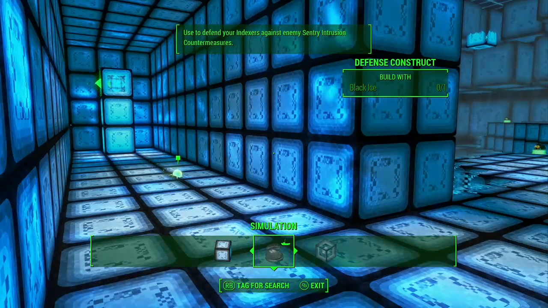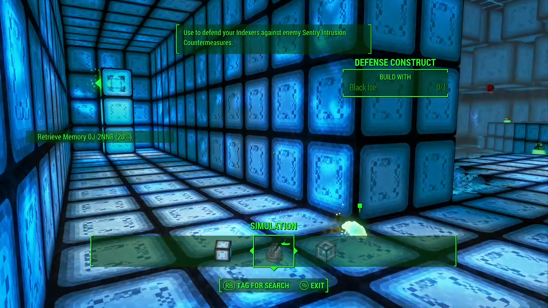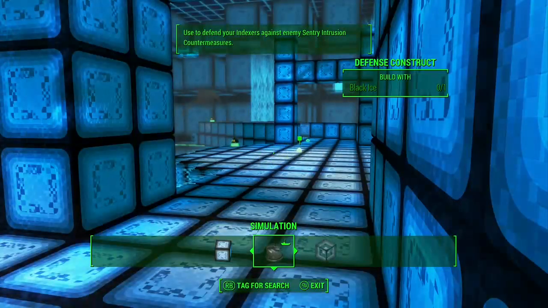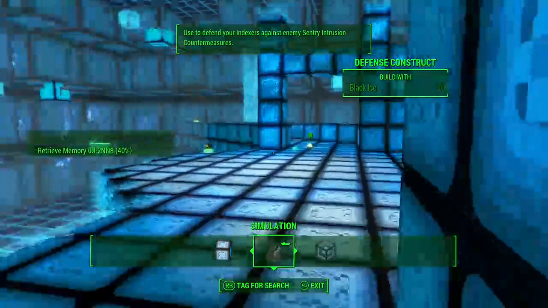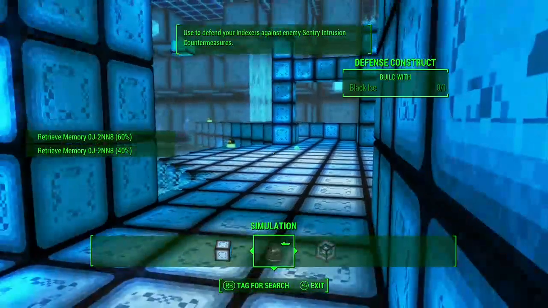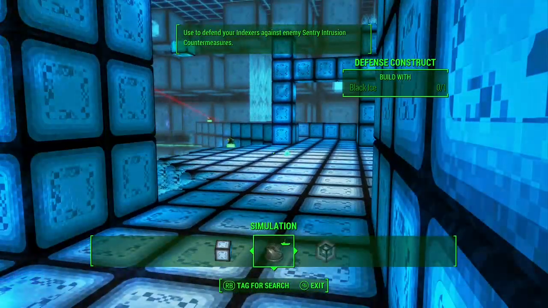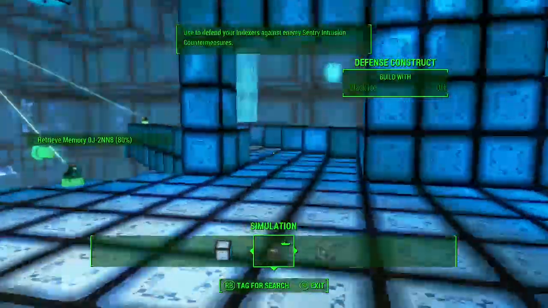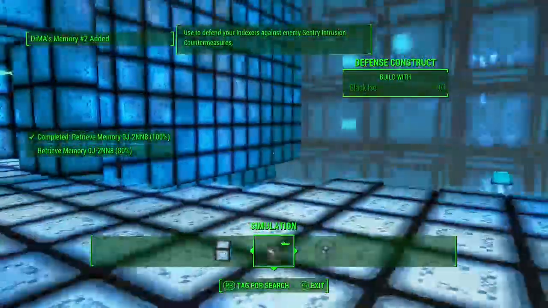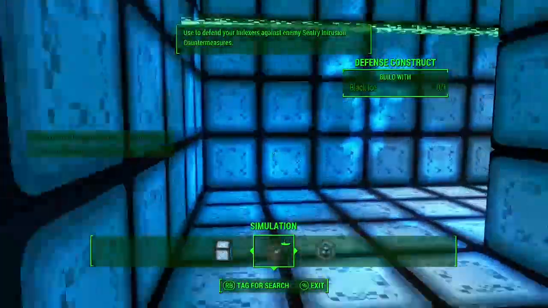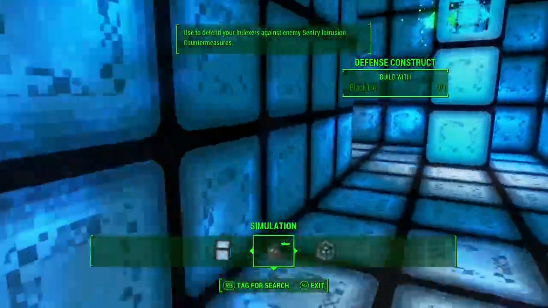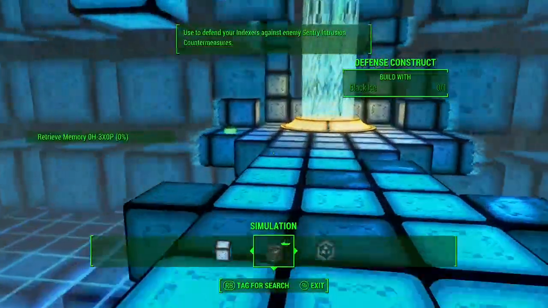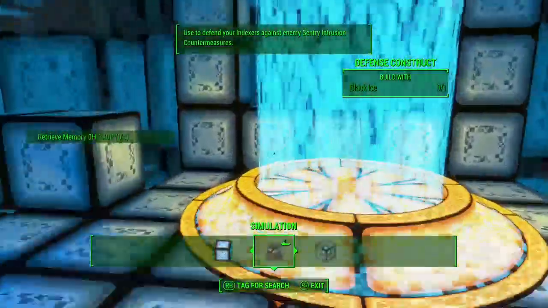Sentry initiating erasure of intrusive indexer. Memory retrieval now at 60%. Memory retrieval at 100%. Verifying. Looks good. You can now use the data stream as an access point to the next memory.